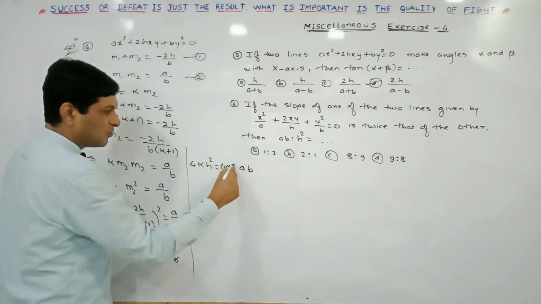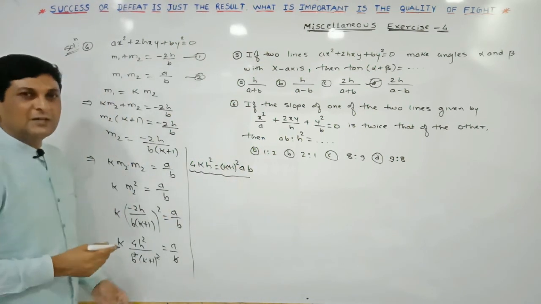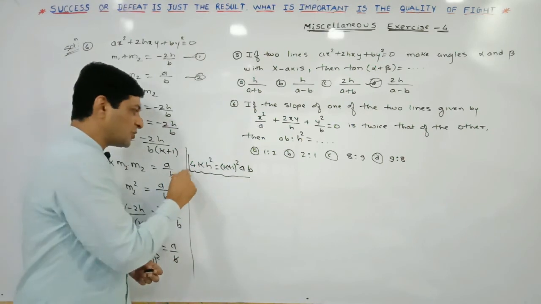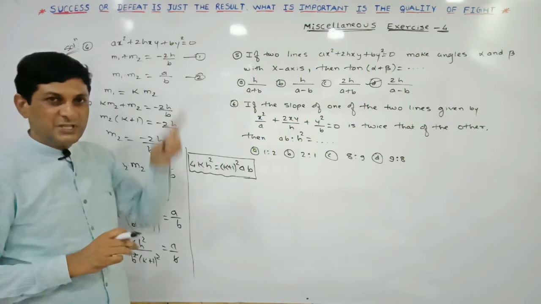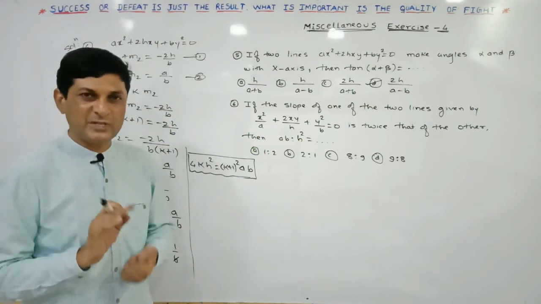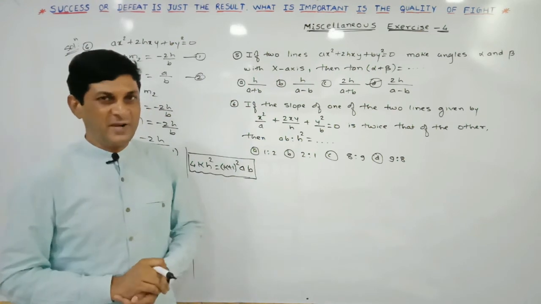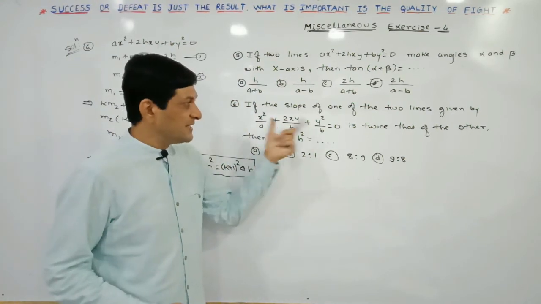And this is the very important condition which can be used as a shortcut method if the slope of one of the lines represented by the homogeneous equation is k times the slope of another line. Now using this condition we are solving this example.